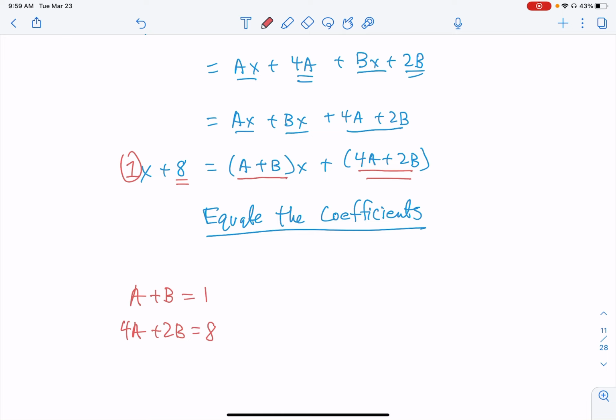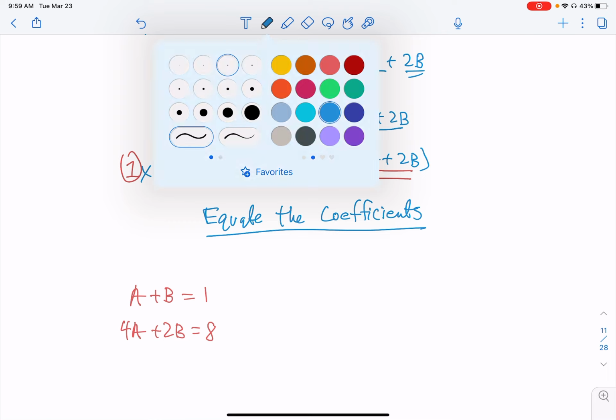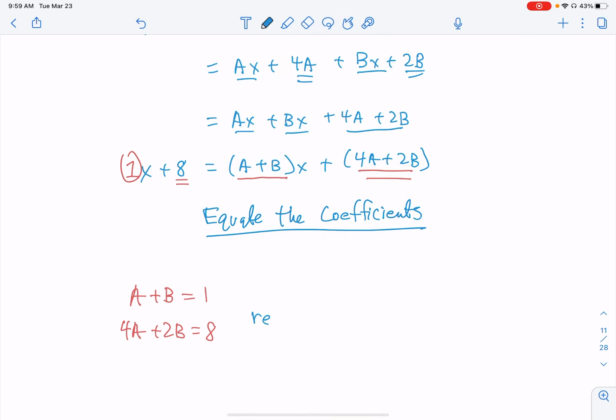And then however it is that you solve a system of equations, and again, the suggestion is, if this gets more and more complicated, the best way to solve this system of equations is with a matrix. And you would do RREF, you remember from algebra, reduced row echelon form, of it would be a 1 for the coefficient of the A, a 1 for the coefficient of the B is equal to 1, a 4 for the coefficient of A, a 2, and an 8.